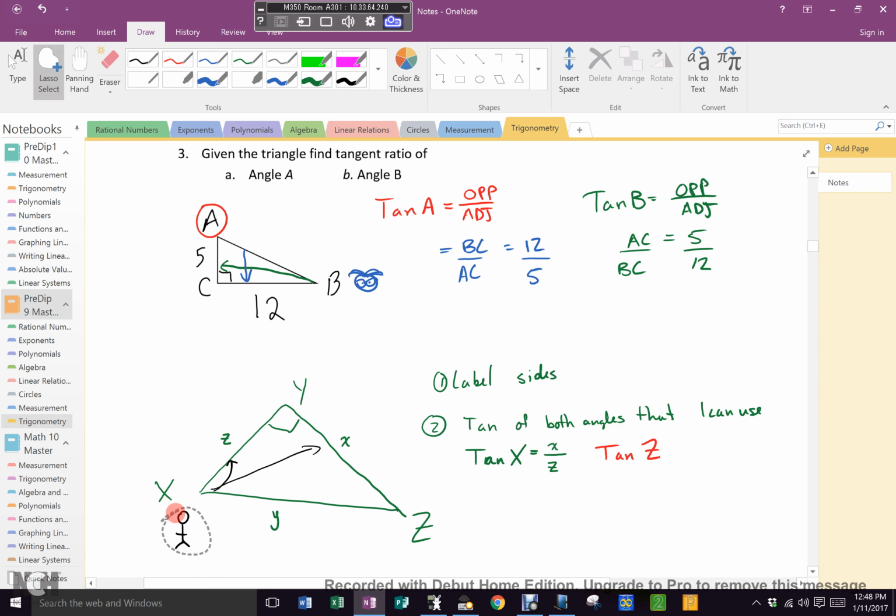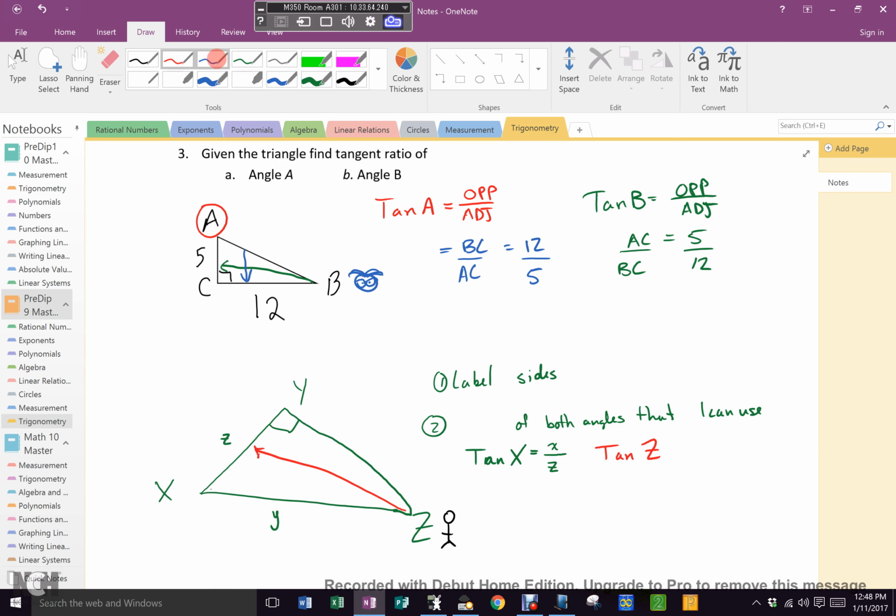But now, I'm walking over here. Now what's opposite? Little z. And what's adjacent? Little x. Does everybody understand tangent? Everyone's got it?